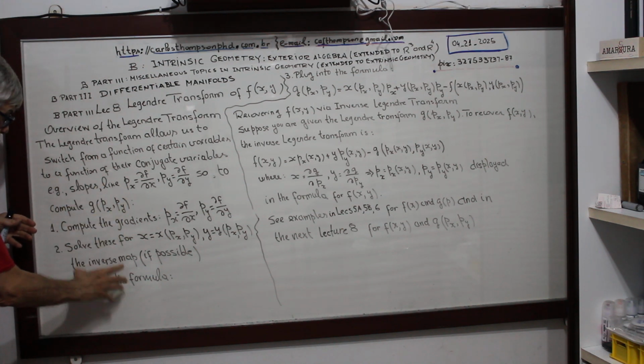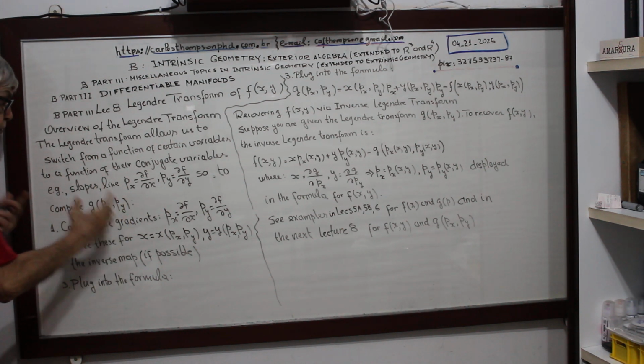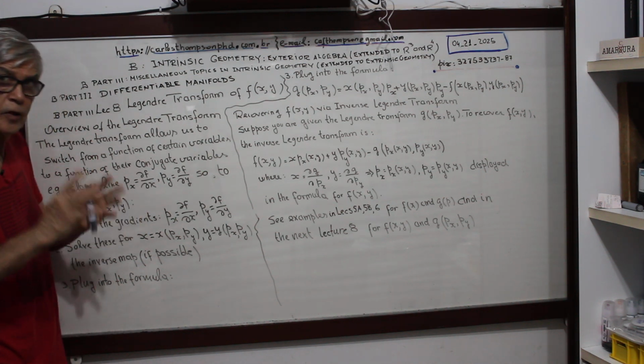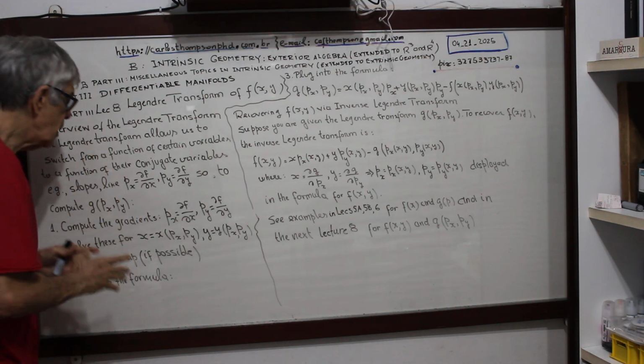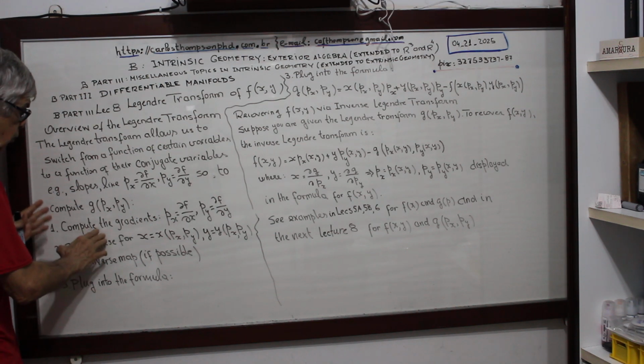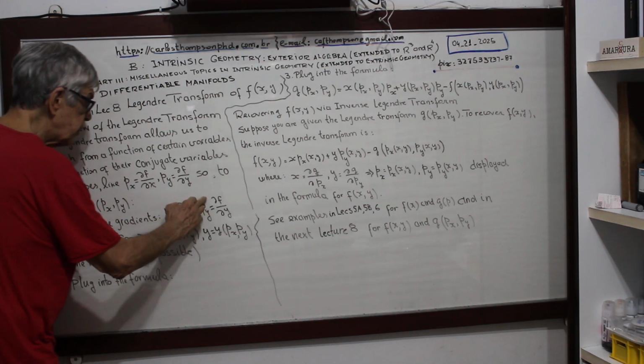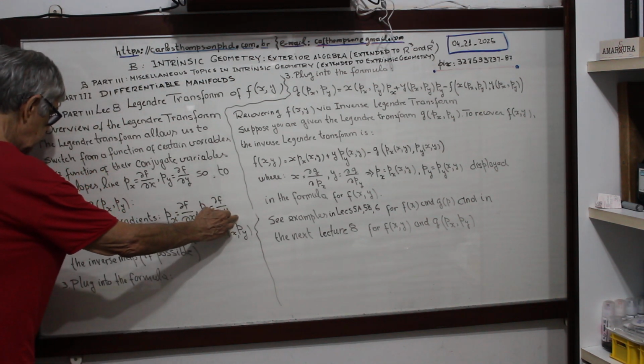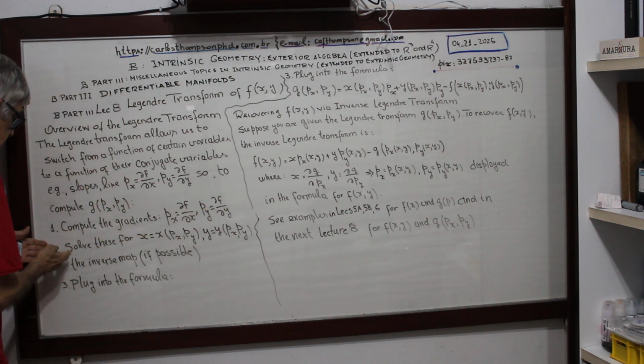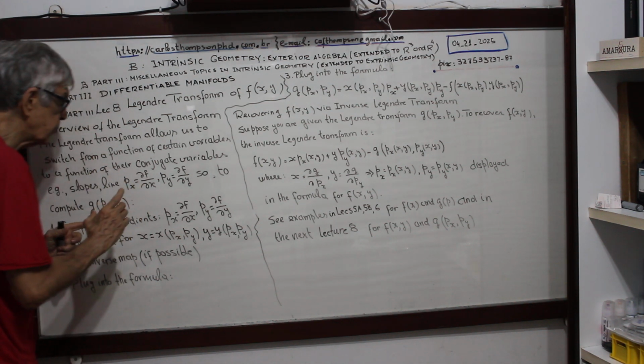Now, that's the procedure here. One, compute first. Attention now, f must be given. So compute the gradients: px, this partial derivative over here, and py, this partial derivative. Item 2, solve. Attention now.